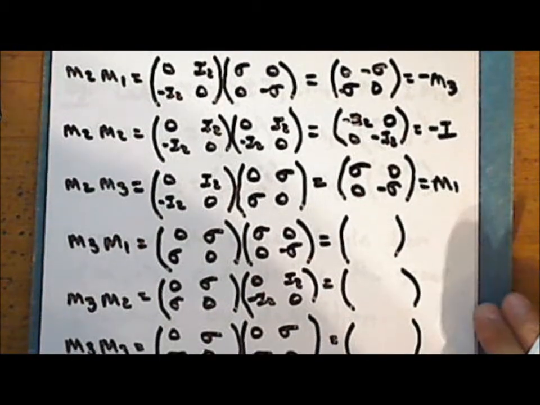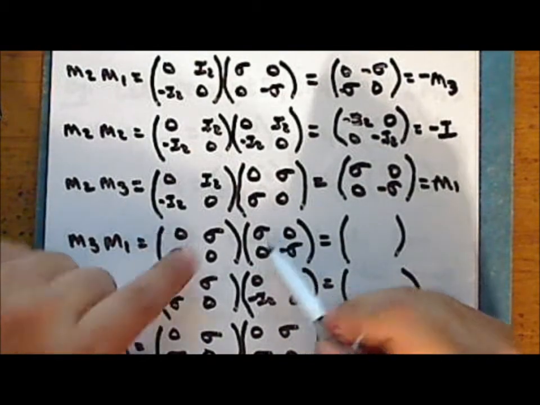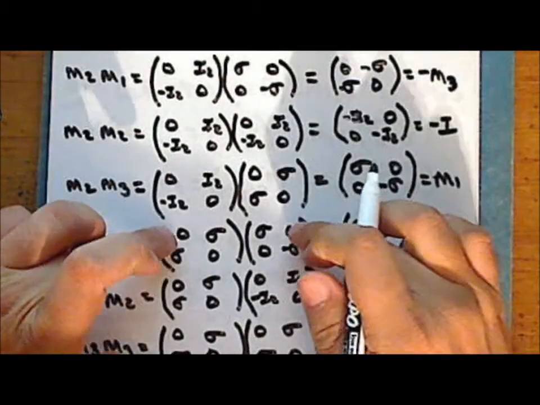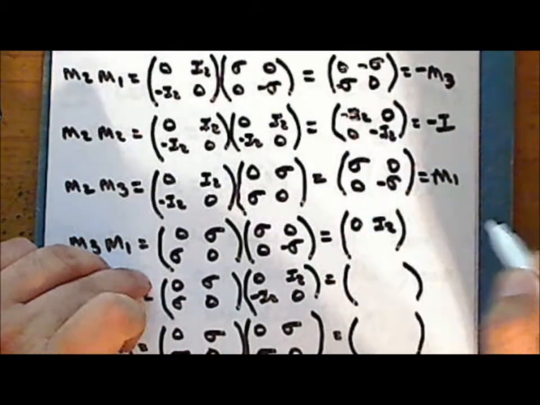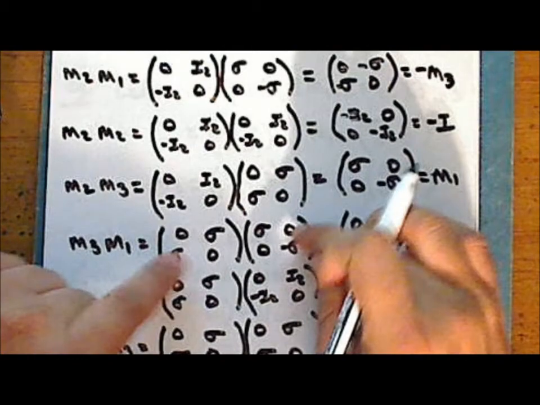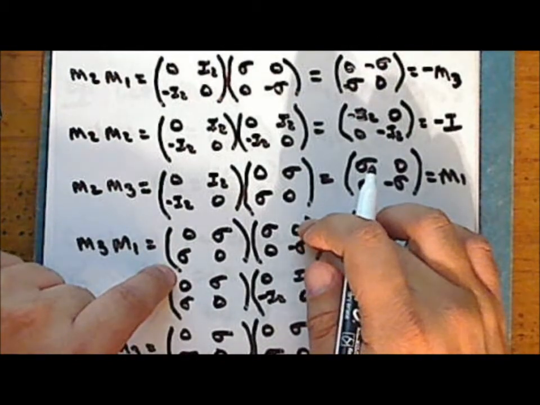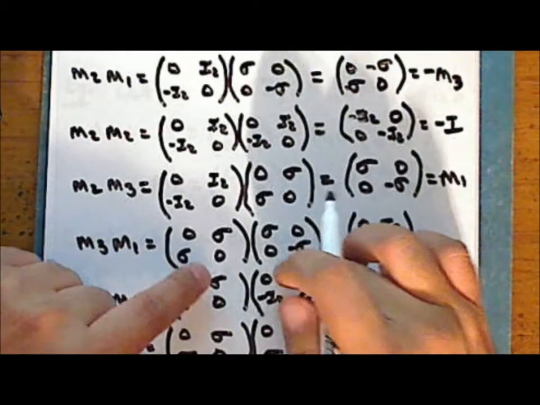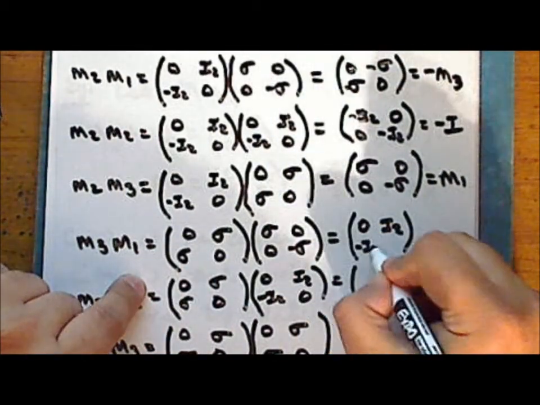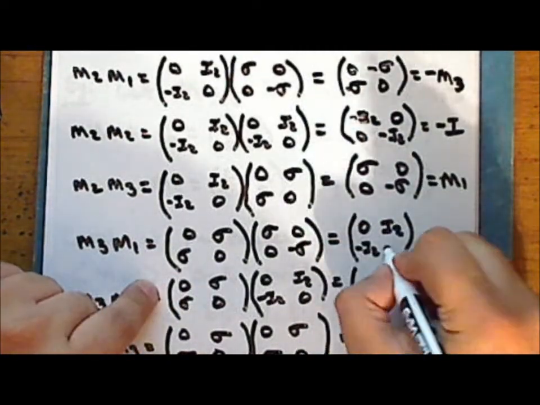M sub 3 times M sub 1 is the matrix with entries 0 plus 0, 0 plus negative sigma times sigma, which is I sub 2, 0 plus 0, oops, sigma times sigma plus 0, which is negative I sub 2, 0 plus 0, which is 0.